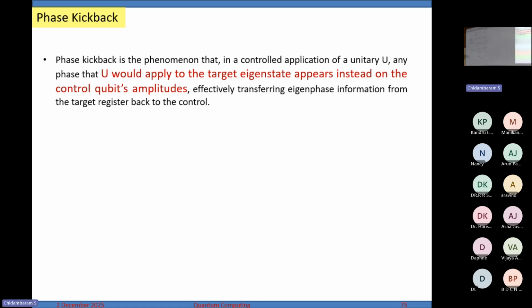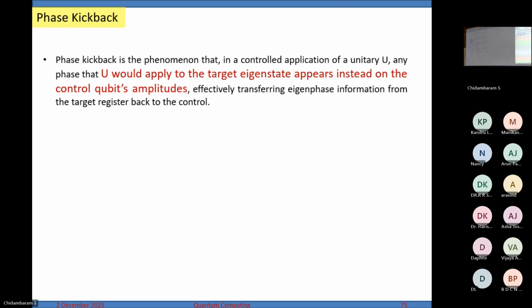Look at what CZ did here: the phase got changed. By taking this example, I am showing that kickback can happen on the control qubit, not only on the target.